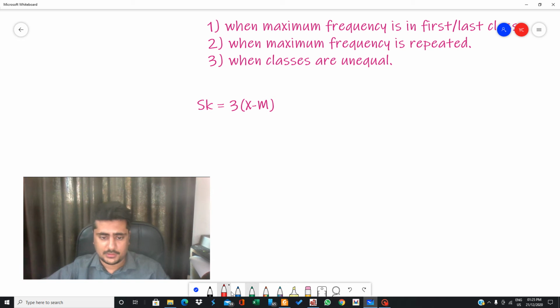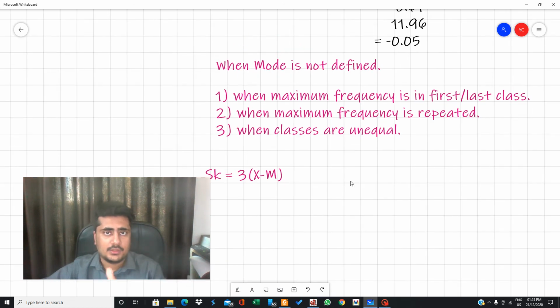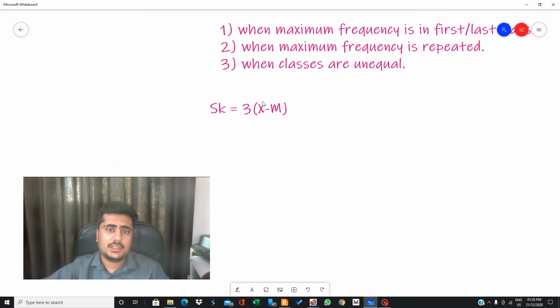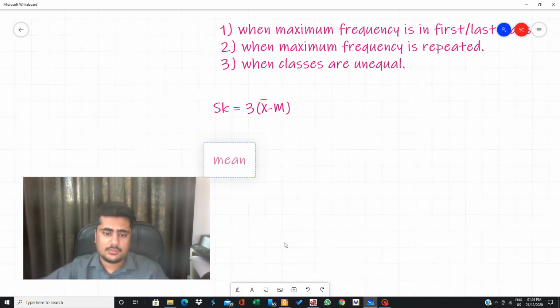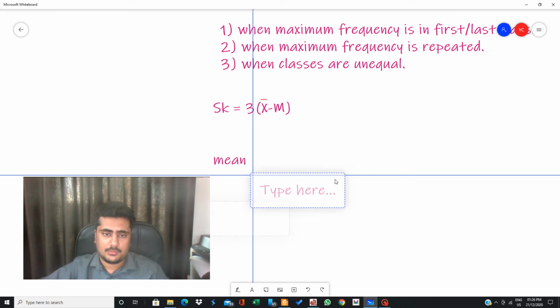By mistake. I was telling that it's 3 into mean minus median. It's not mode actually. Because mode we will not find the mode because mode is not defined. Okay. So what we'll do? It's 3 into mean minus. So this is mean and this is median.